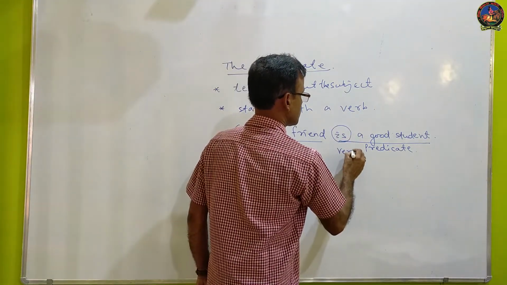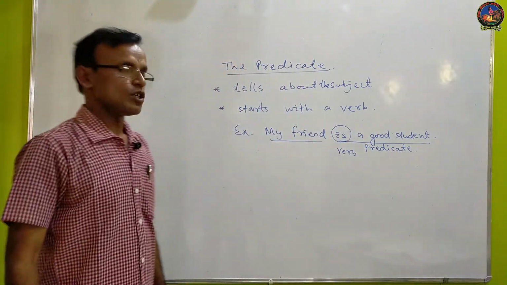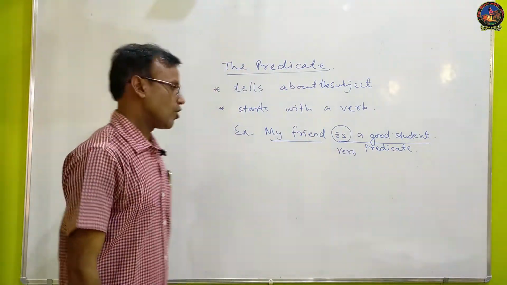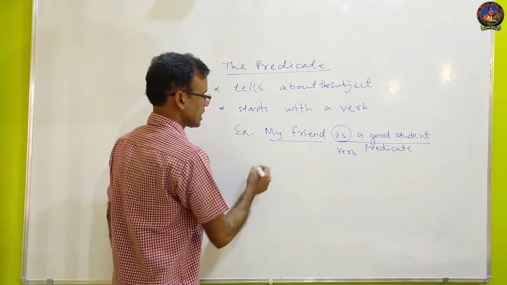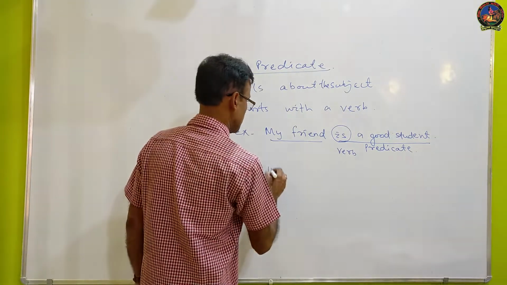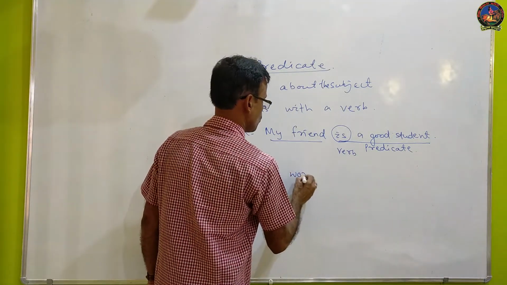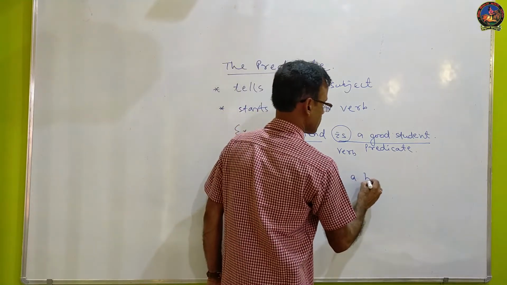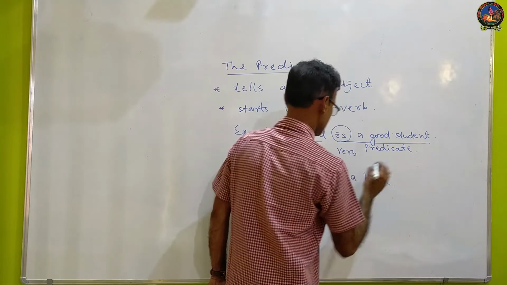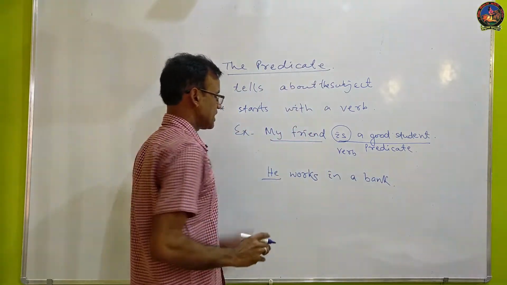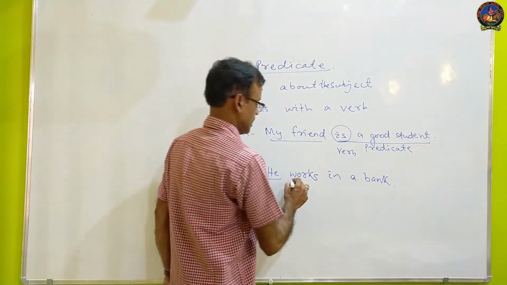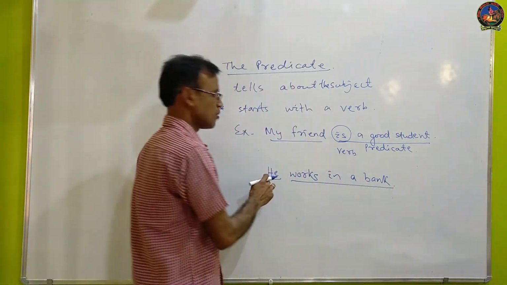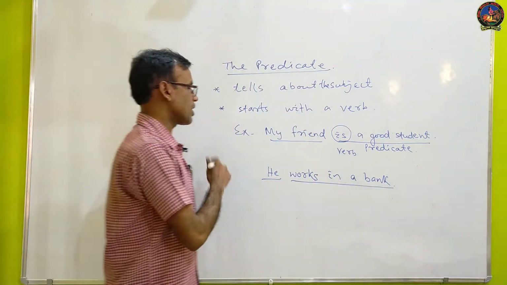So the predicate starts with a verb. In another example, he works in a bank. The subject is he, and works in a bank tells about the subject he, the pronoun.